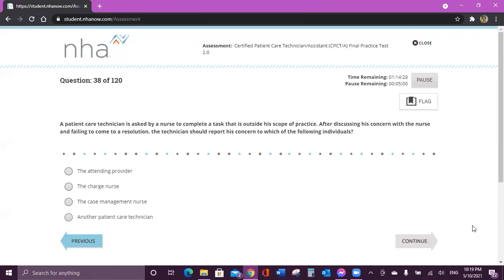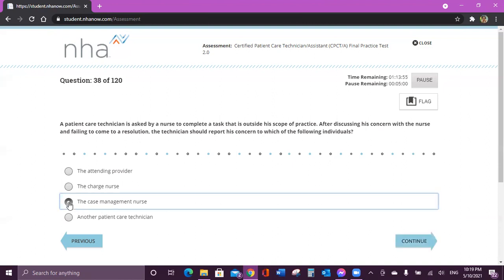After discussing his concern with the nurse and failing to come to a resolution, the technician should report his concern to which of the following individuals? The attending provider, the charge nurse, the nurse manager, another patient care technician, the case manager, ¿verdad? Porque está hablando de la nurse, la que le está diciendo.